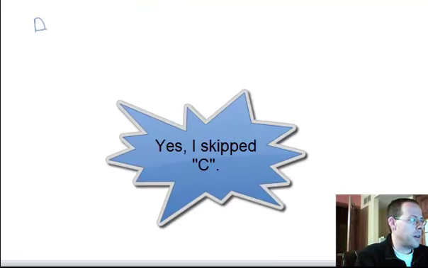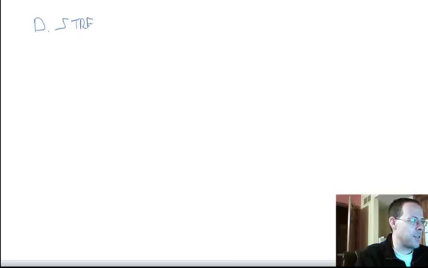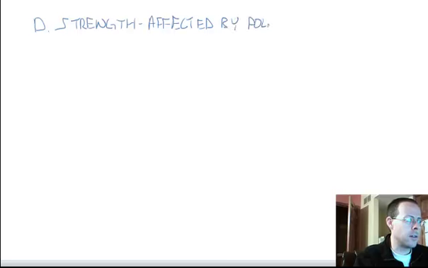Our next letter, we're going to talk about acid strength. So strength of acids. How can we determine which acid is stronger than another one? The strength is affected by polarity of the HA bond, all right?